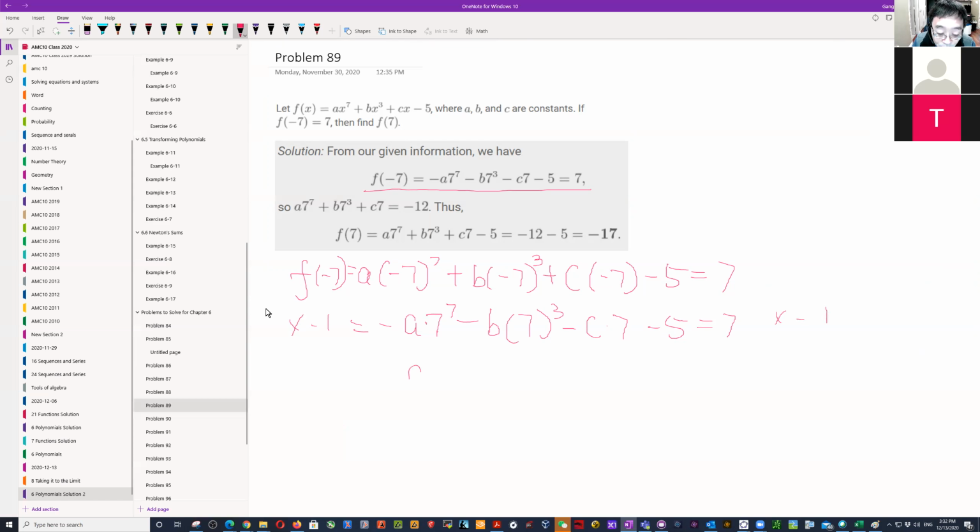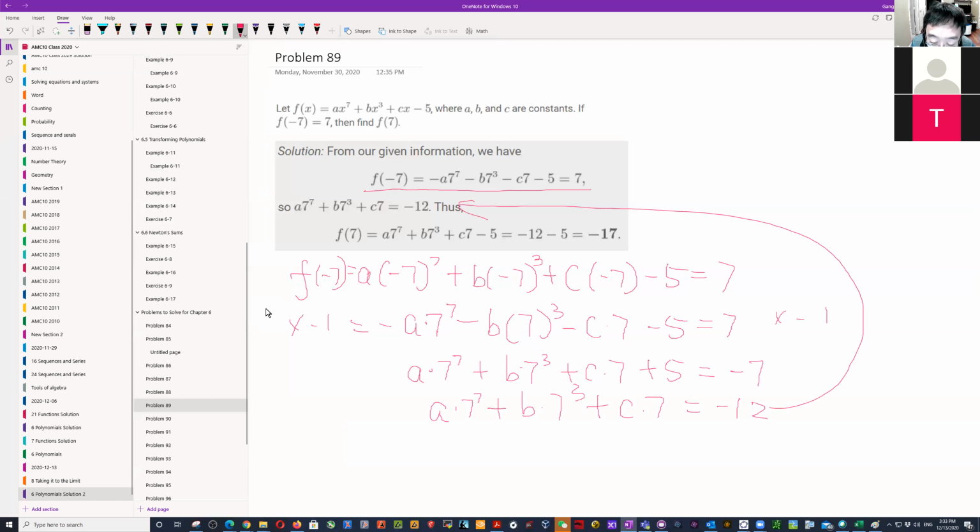I'm going to get a multiplied by 7 to the 7th plus b multiplied by 7 to the third plus c multiplied by 7, and plus 5, because negative times negative equals positive, equal to -7. Then I subtract 5 on both sides, giving a times 7 to the 7th plus b times 7 to the third plus c times 7 equal to -12. So this is where this step comes in.